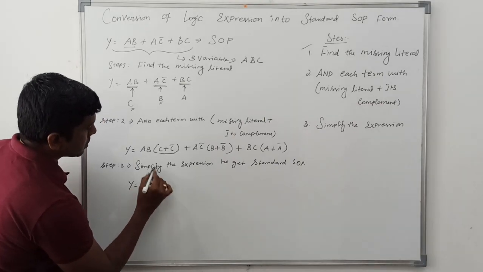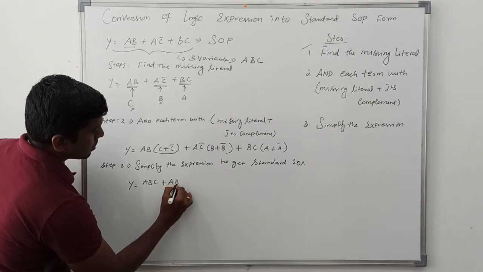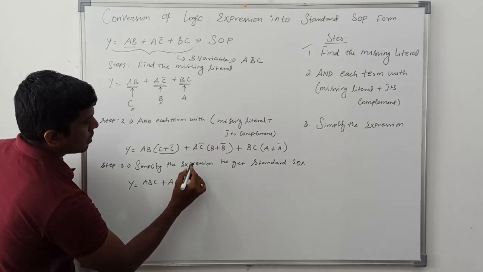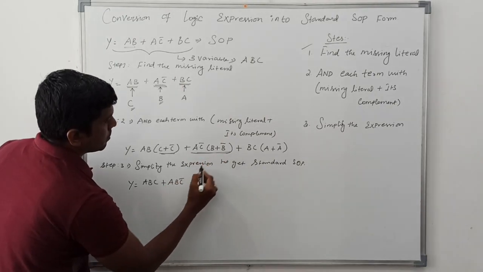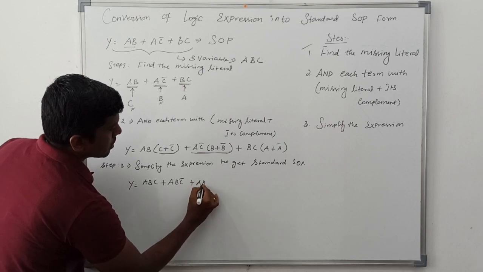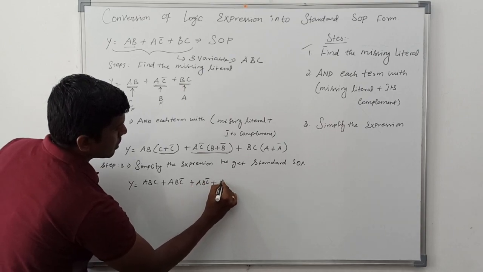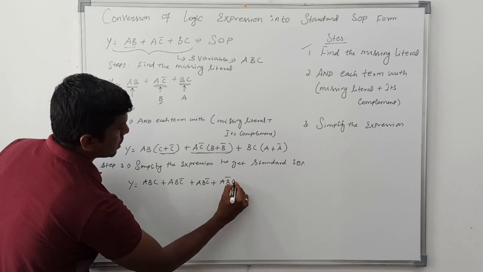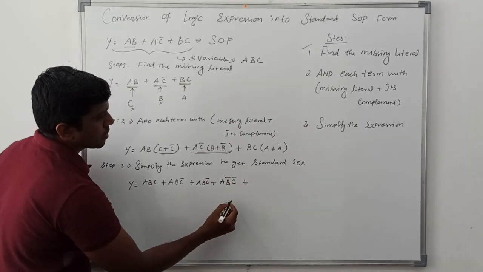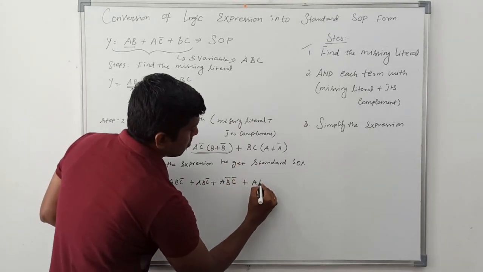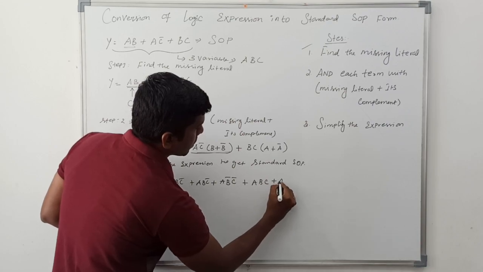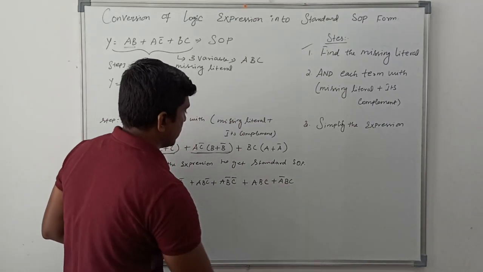ABC plus ABC bar. Then consider this one, ABC bar plus AB bar C bar. Here, ABC plus A bar BC.